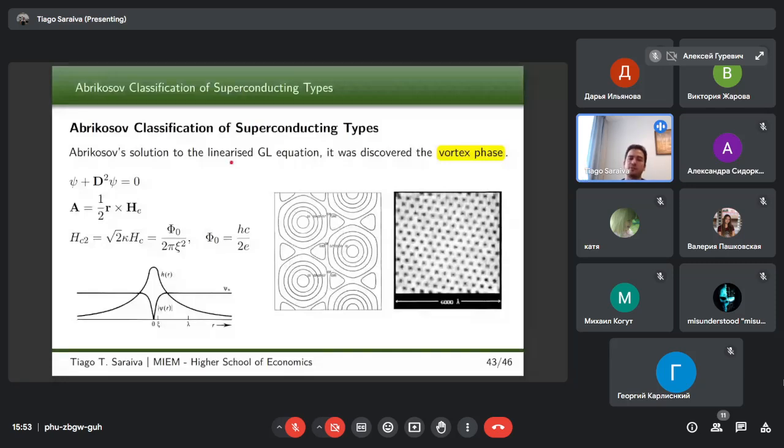And actually, this work was developed by Abrikosov. He worked with the Ginzburg theory, and he found out that magnetic field can occupy some periodic lattice in the superconductor. So typically, they appear in thin films.